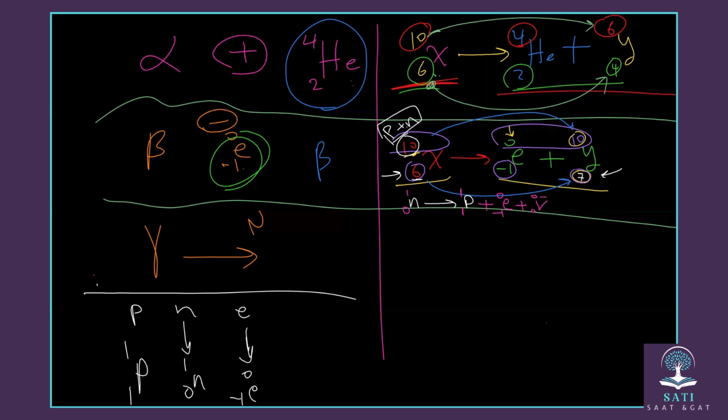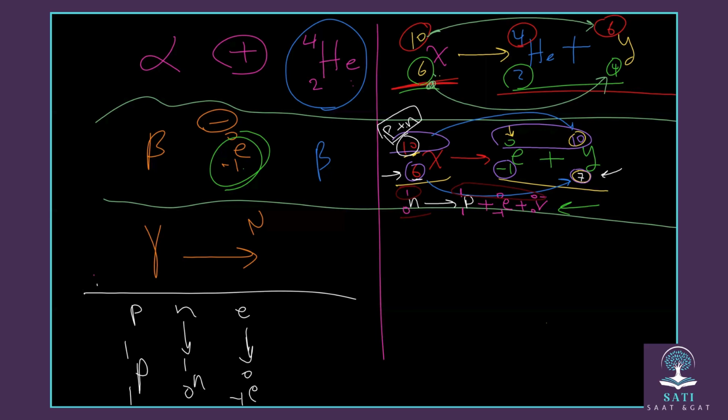Now if we balance this equation, what will we get? As we see, I'm going to use this color red. On the left of the equation there is 1 atomic mass, and on the right, all of it is just 1 atomic mass. So it's balanced for the atomic mass.